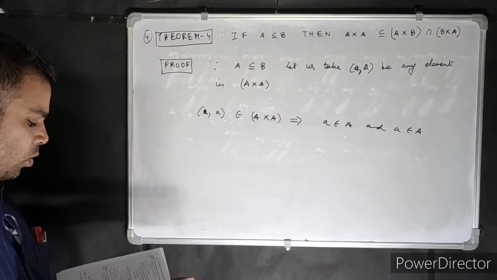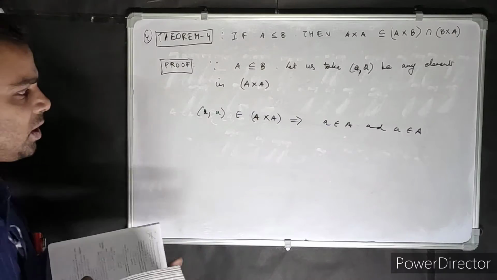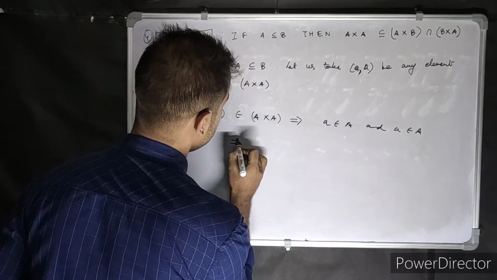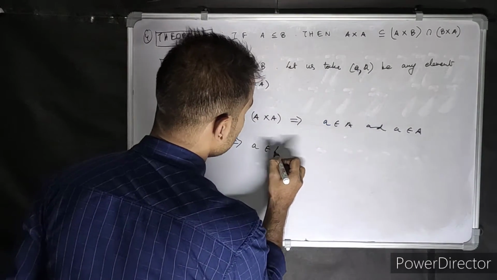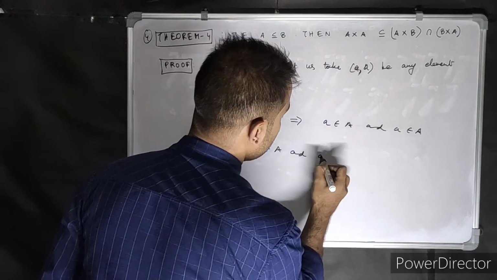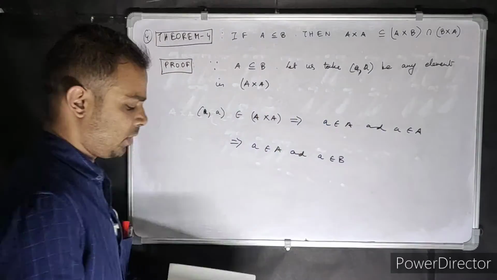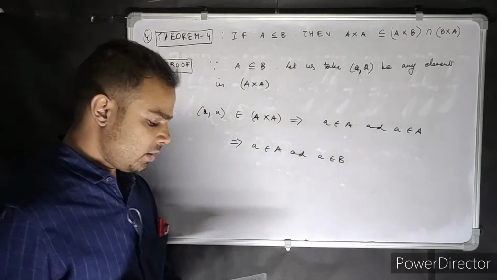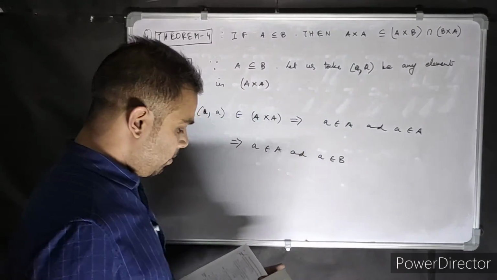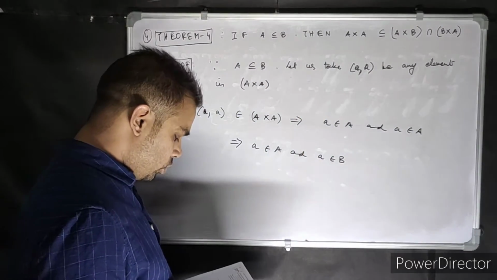Now, since A is a subset of B, we are going to do the same type of thing. So this implies a belongs to A and a belongs to B. That's what is given.